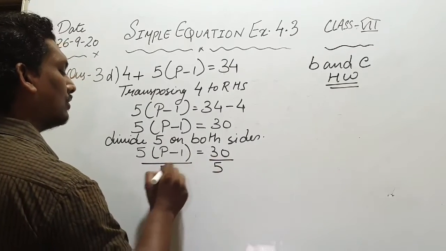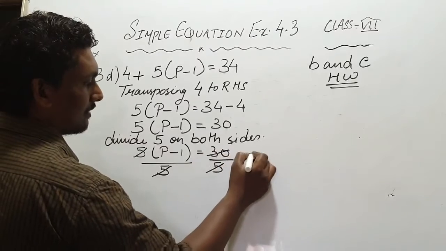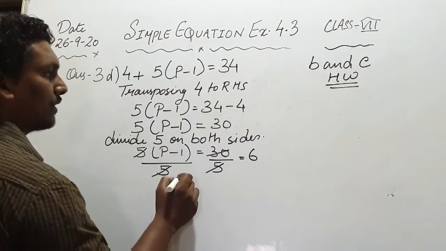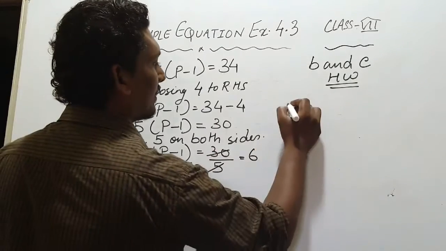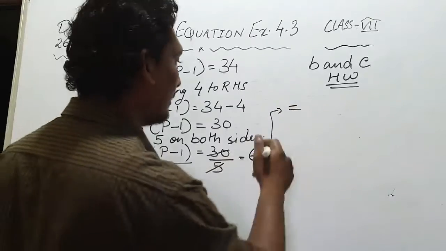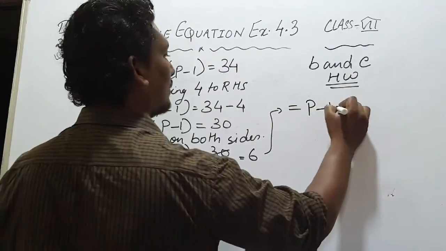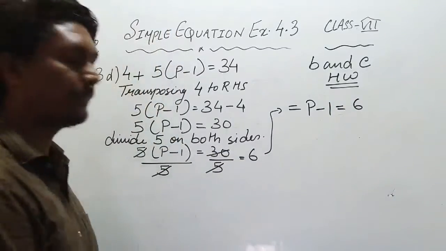We can cancel this 5, and it will become 6. So p minus 1 is equal to 6.